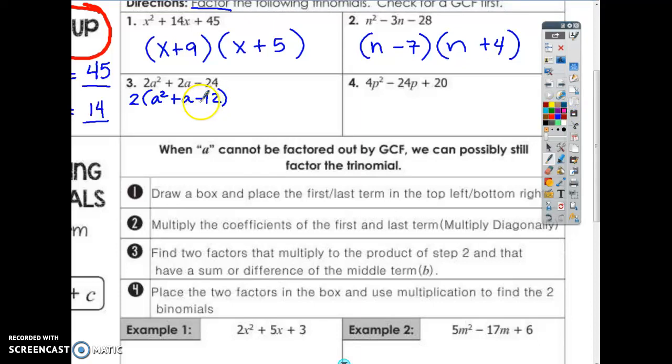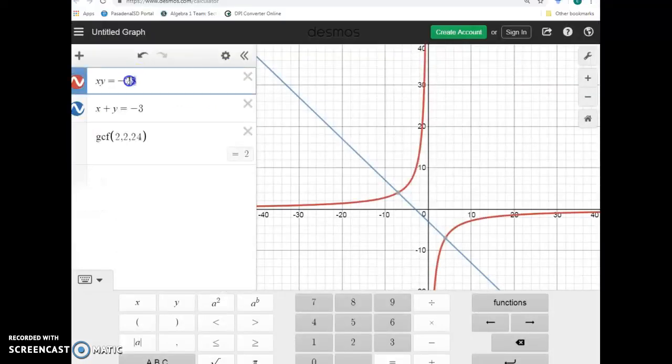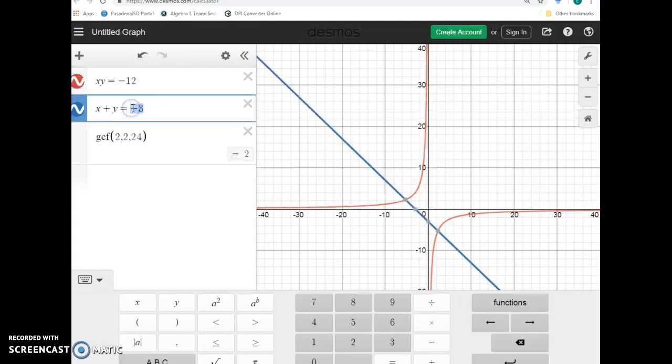I need two numbers that multiply and give me negative 12 and add to give me a positive 1. So I'm going to change my numbers in Desmos to a negative 12 and a positive 1. Right here, this becomes negative 12, and this becomes a positive 1.